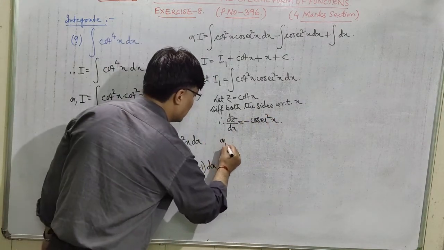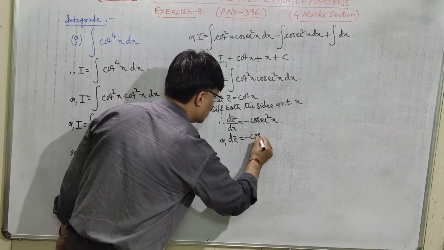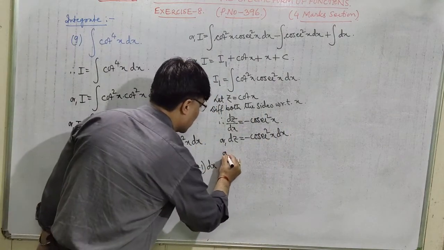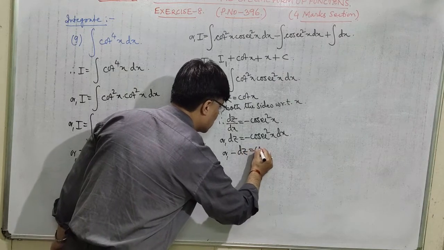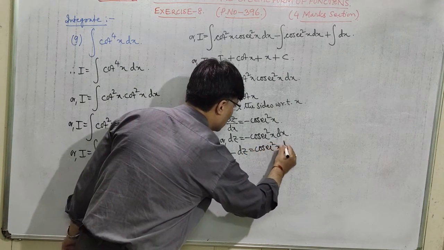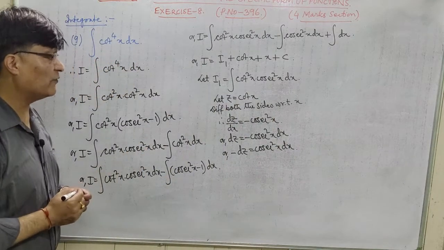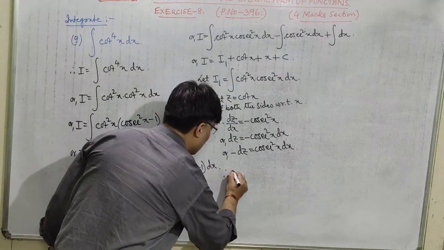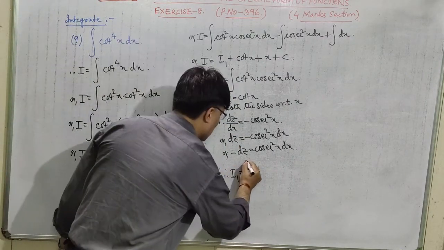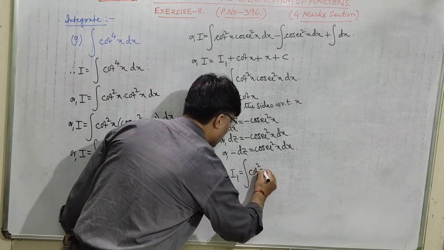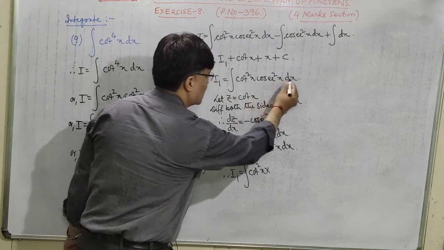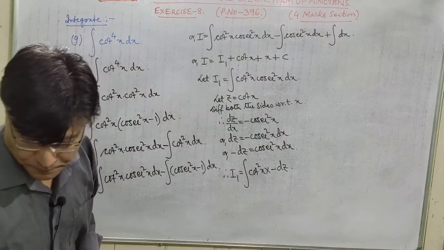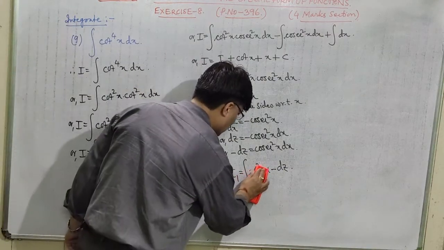Cross multiplying, dz is equal to minus cosec square x dx. Taking the minus to the left hand side, minus dz is equal to cosec square x dx. So therefore, what is I1 now? I1 is equal to integration of cot square x into cosec square x dx, which is minus dz. Sorry, actually this is not cot square x.